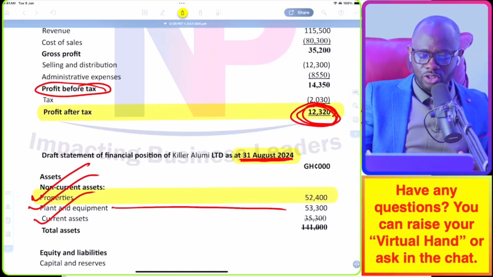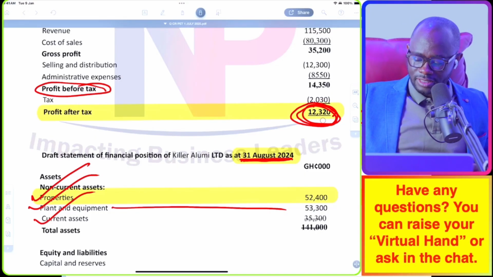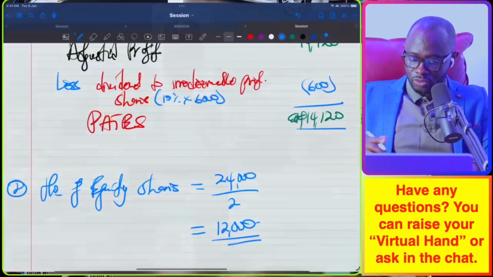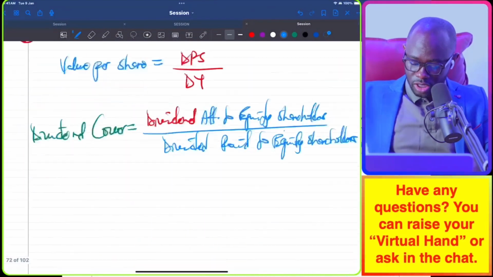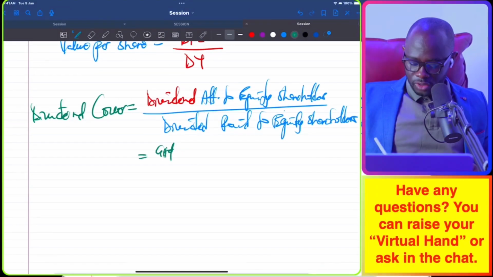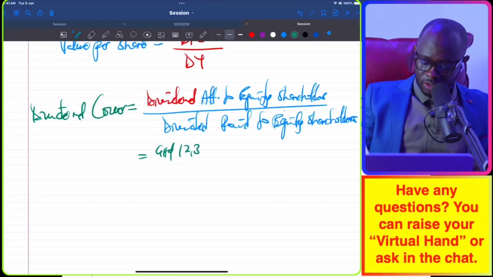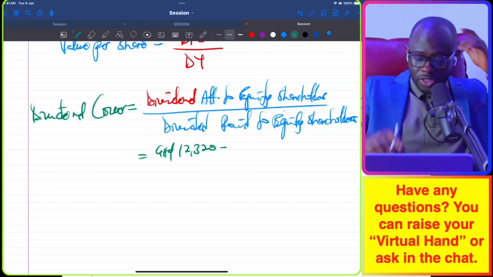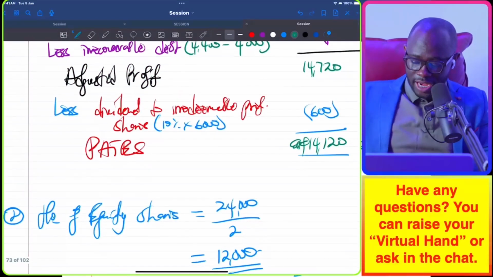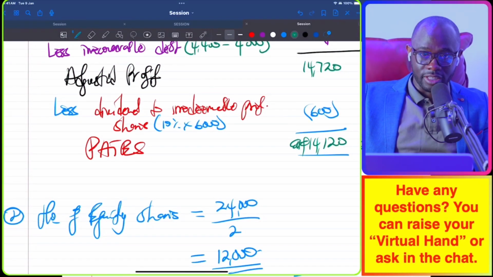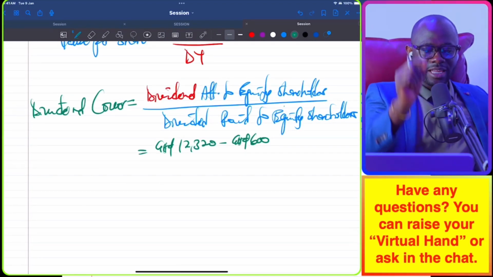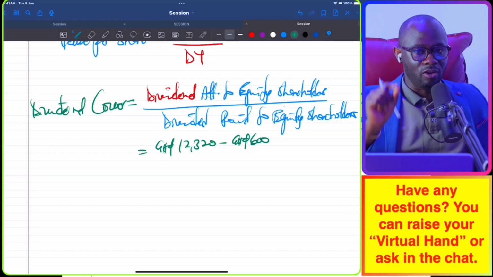So we're going to assume here that the profit for the year will be our numerator. So that is 12,320. Then we subtract dividend to the preference shareholders, which George highlighted a moment ago, the 600. That then gives you dividend attributable to the equity shareholders.